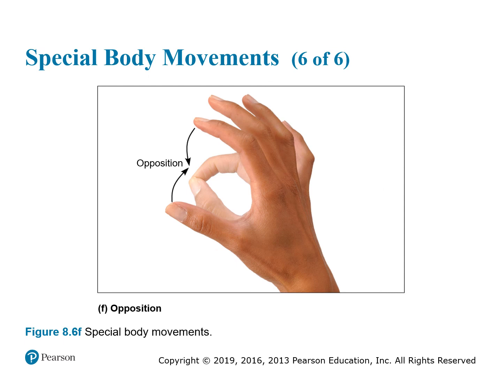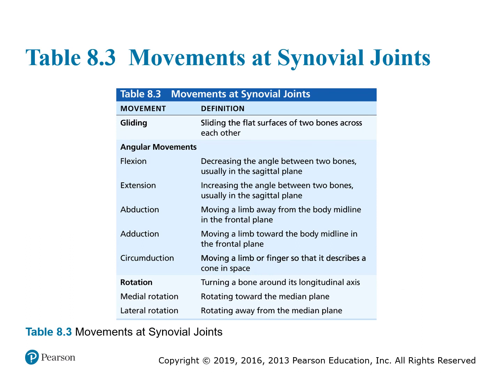Opposition of the thumb. This table describes all of the movements of synovial joints: gliding, flexion, extension, abduction, adduction, circumduction, medial and lateral rotation.